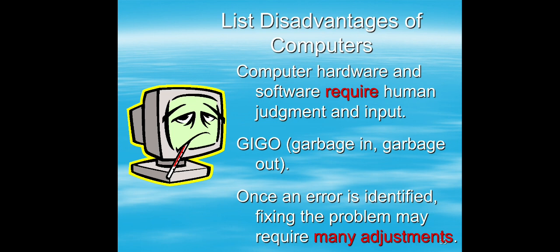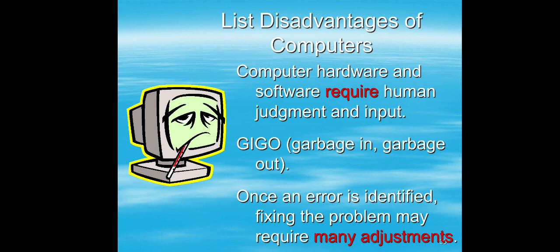It means that even though the software is very good, if you put in wrong data, you will get wrong reports, and you will get wrong ledger and trial balance and everything. Okay, so garbage in, garbage out. You enter wrong data, then everything will go wrong. And then number 3, once an error is identified, fixing the problem may require many adjustments. So this is one major disadvantage of using software to do accounting records.